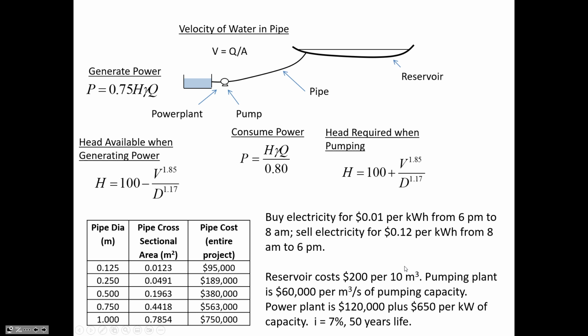So you're going to calculate the volume of the reservoir that's needed to have enough water up at the top. And we can determine how much electricity we want to generate, and so we're going to have a pump that's a certain size, $60,000 per cubic meter per second of pumping capacity. We're going to have to pay for the power plant.